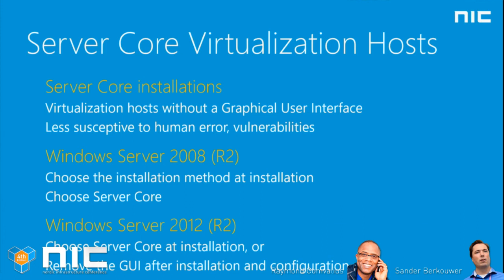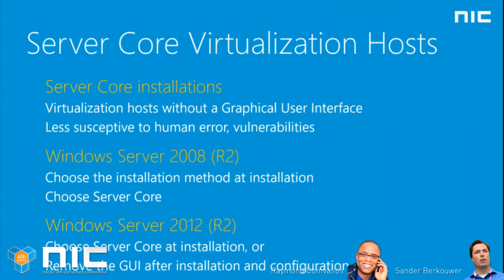But also, in a server core installation, there's less attack surface for someone to actually run an exploit to get admin rights, and thus the system access to the VMs and stuff like that. You get better performance, all that stuff. So I think this is a very good part of a solution if you want to run your domain controllers securely.